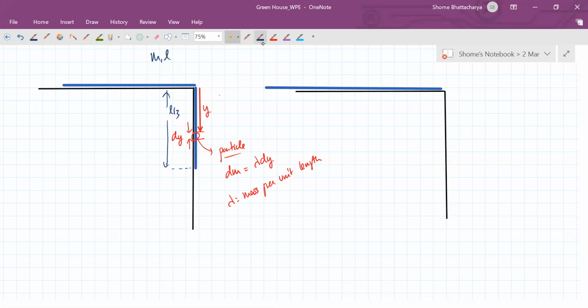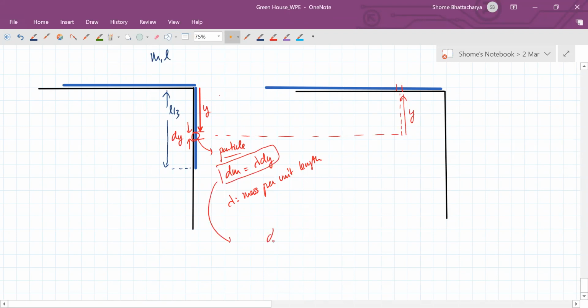Now this dm is going here in the final picture. So this particle is going through a y displacement like this, from here to the final state. So this particle is undergoing a change in potential energy of dm into g into y.